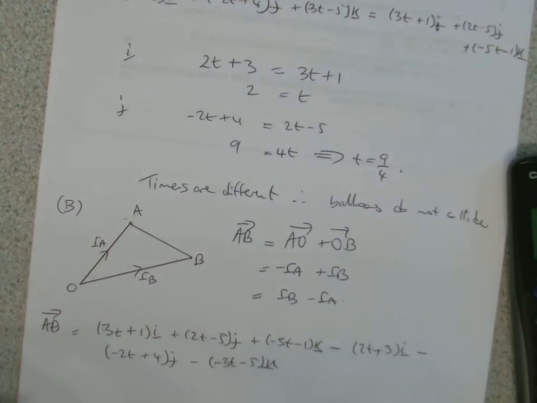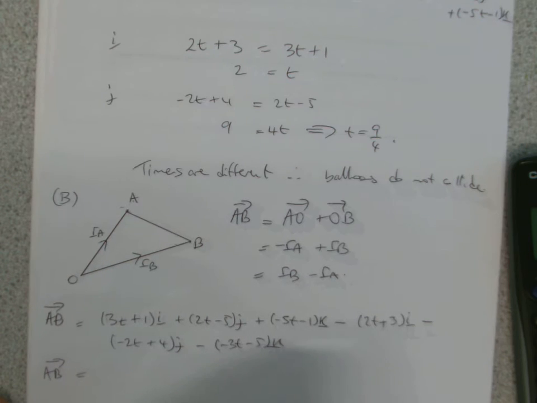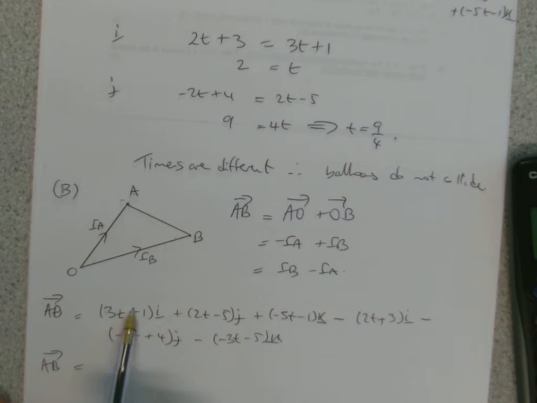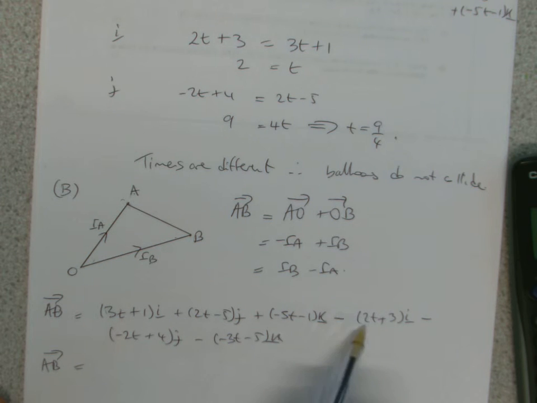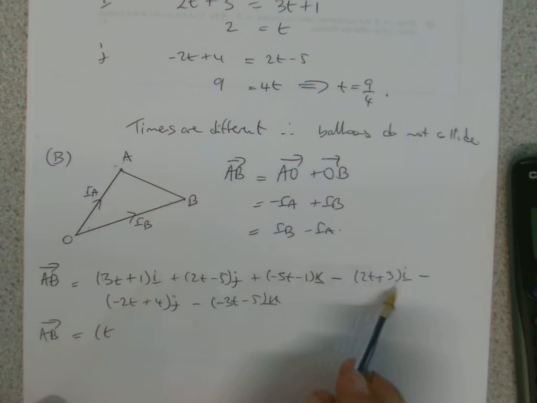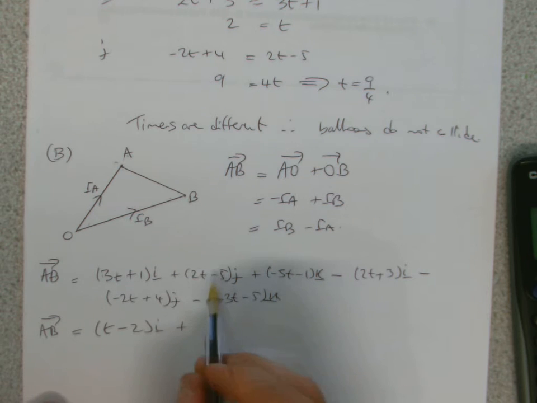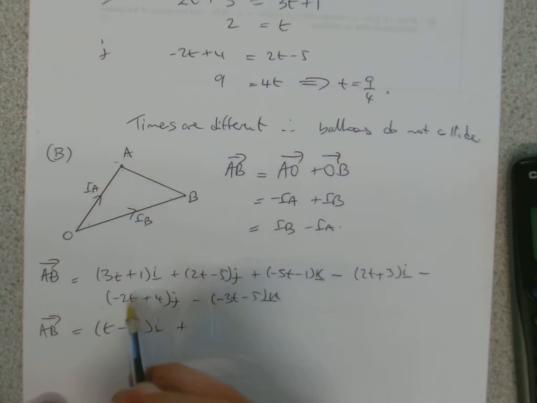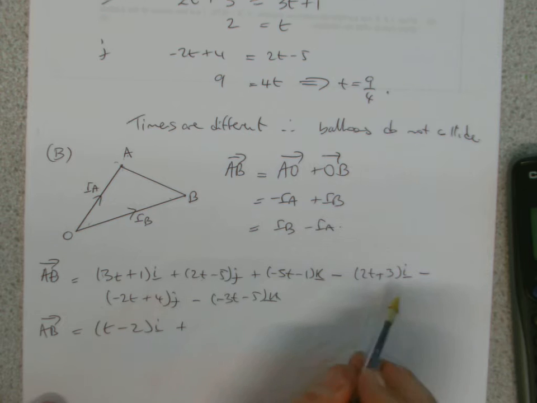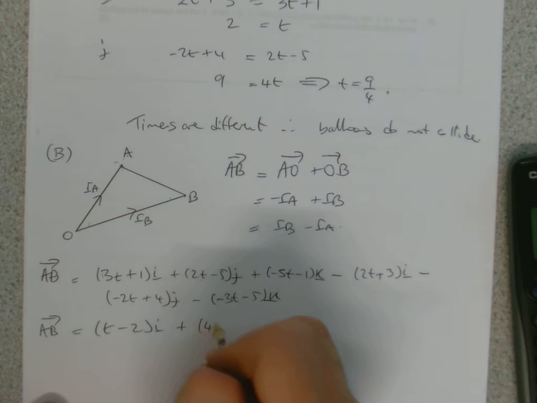So then what I do is simplify this, put the i's together. You've got that i there and this i here, and we're taking them away. So 3t take away 2t is t. 1 take away 3 is minus 2. Do the same with the j's. 2t take away minus 2t, don't forget we've taken away, well, 2 minuses make a plus, so you get 4t there.